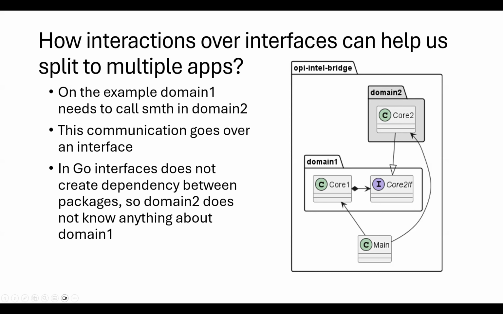In the example on this diagram, domain 1 wants to communicate with domain 2, but you can see that we have an interface here. So domain 1 doesn't know with whom it communicates, right? So with domain 2, directly. Originally with the single app, it's going to be just a function call.